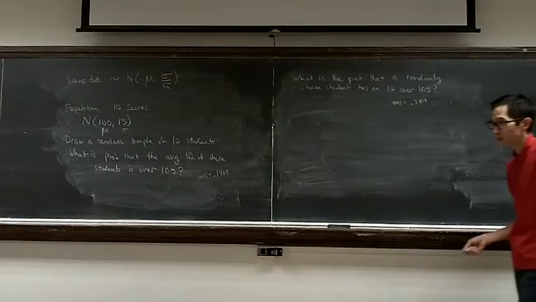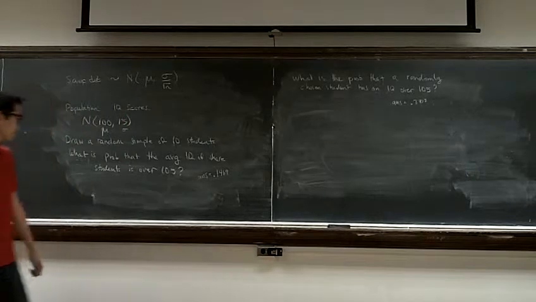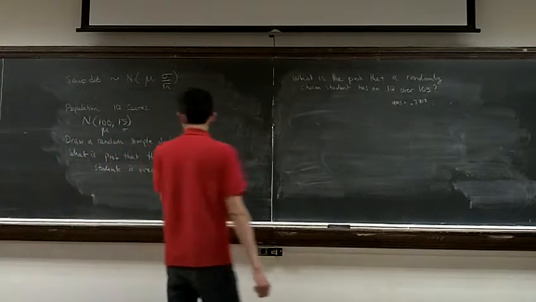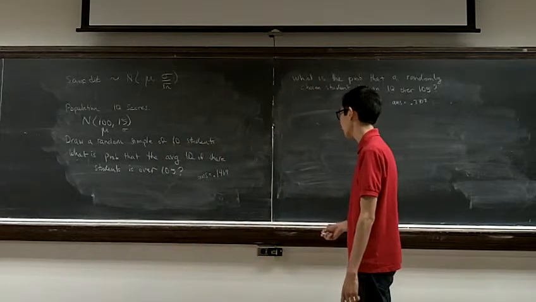Okay, are you guys still working or good? Okay, so we'll do this one. Draw a random sample of 10 students. What's the probability that the average IQ of these 10 students is over 105?